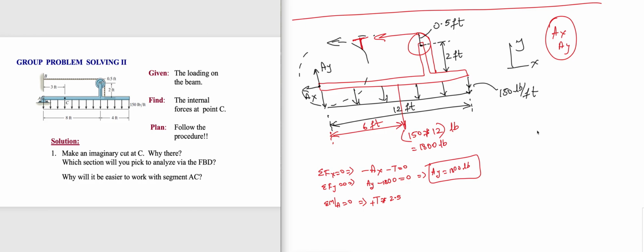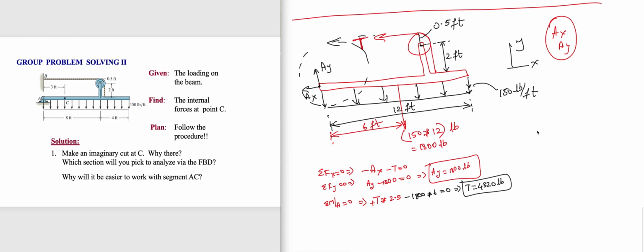We have 1800. Oh, wait a second. 1800 times 6 with respect to A, and it is going clockwise, so it's negative, is equal to 0, implies we can calculate T to be 1800 times 6 divided with 2.5. I got 4320 pounds.